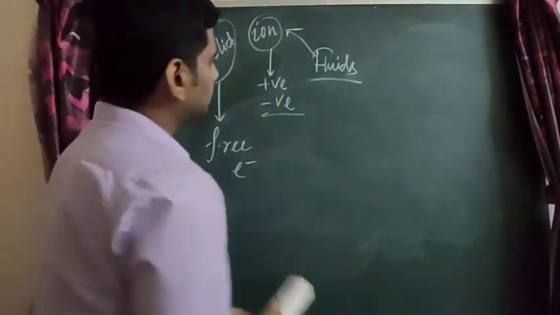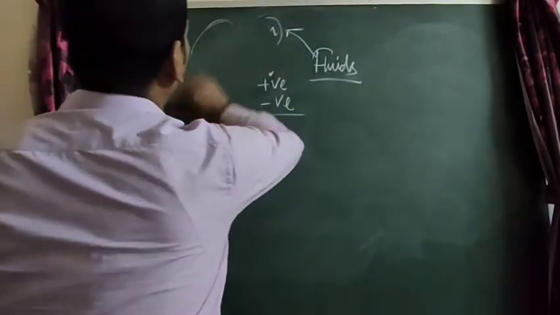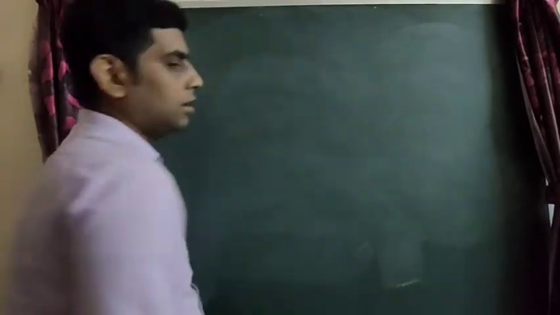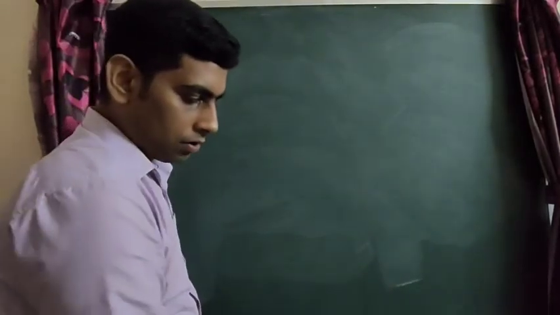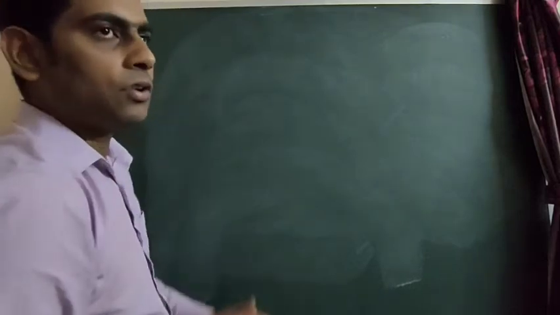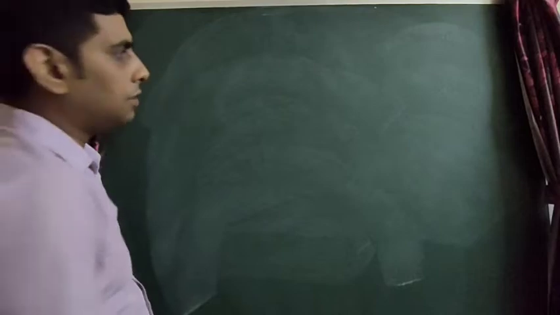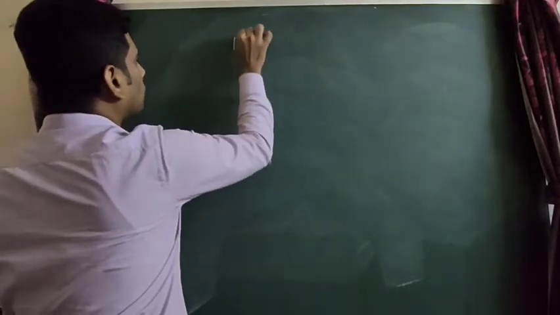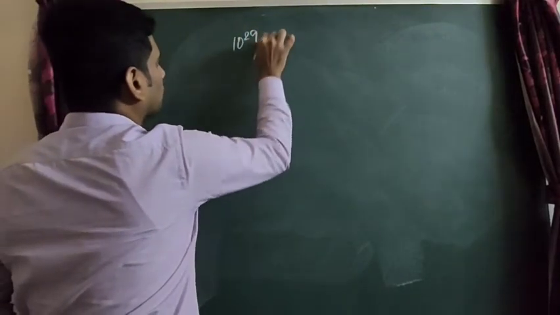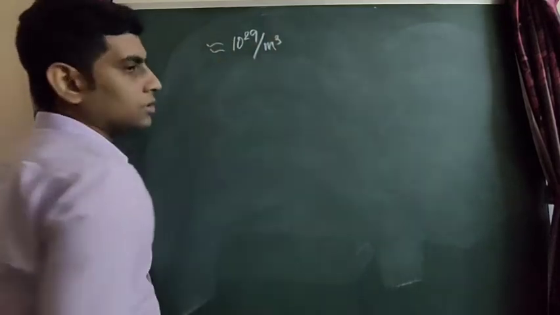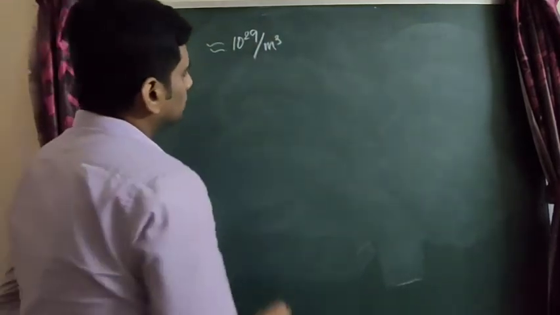Next we will see what happens when an electron tries to move through a conductor. The density of free electrons in metals is almost of the order of 10 to the power 29 per meter cube. A huge number. So what happens?